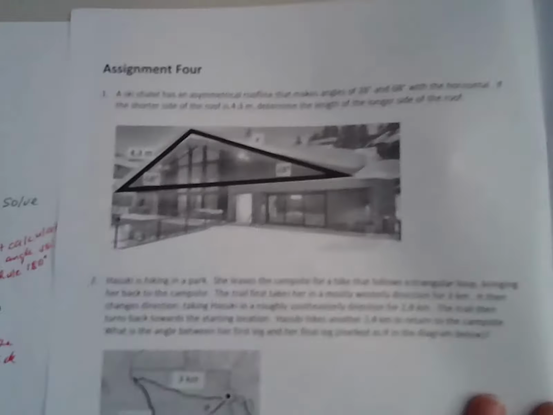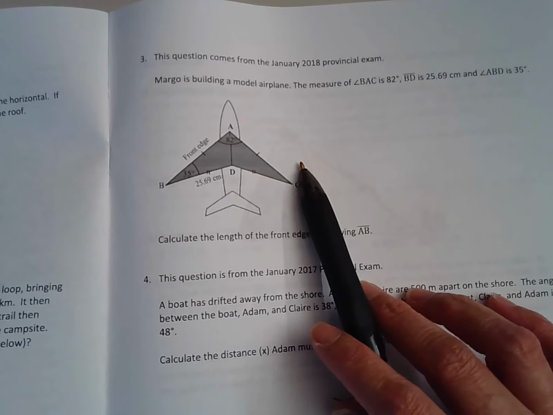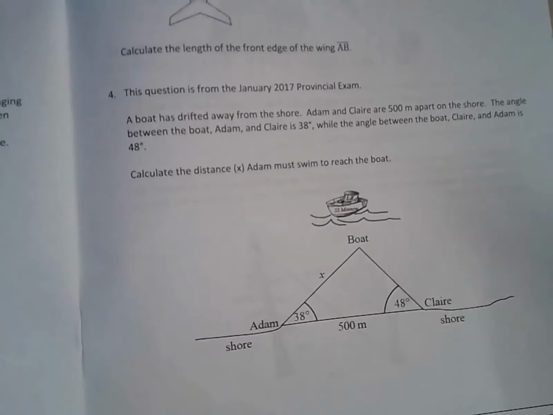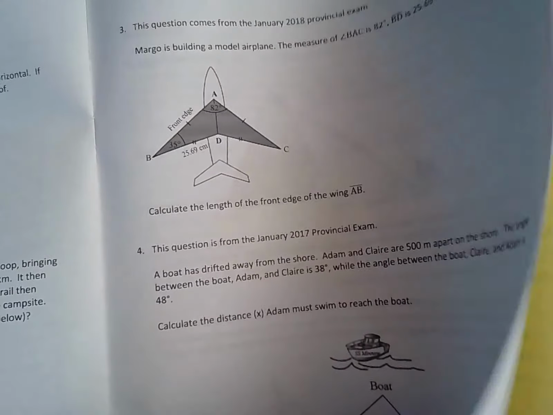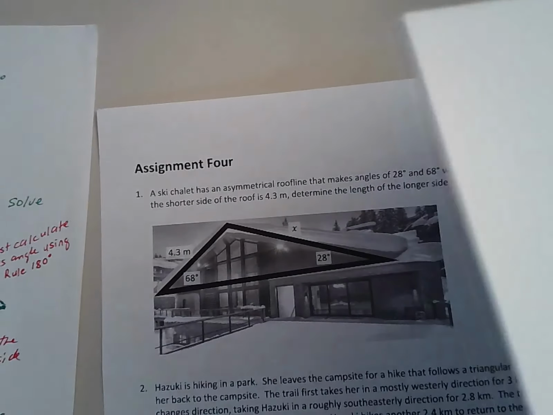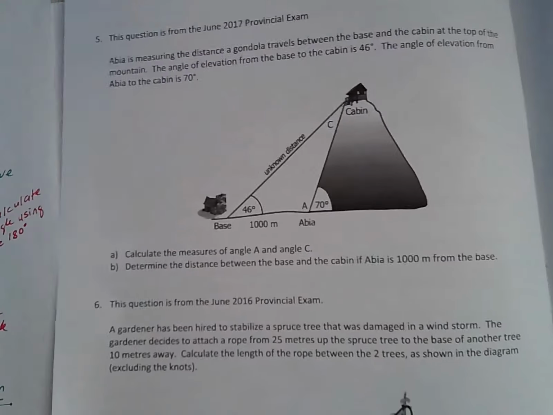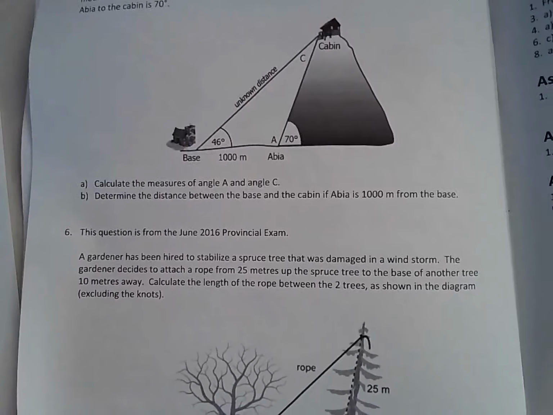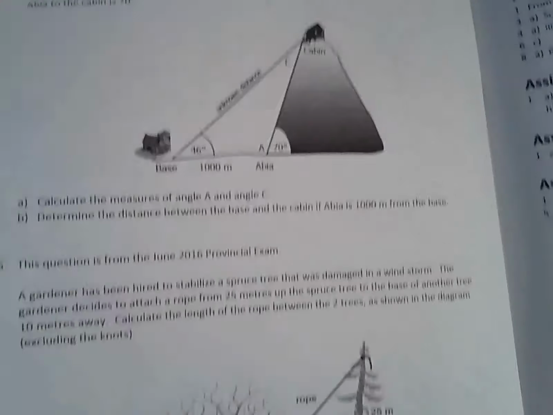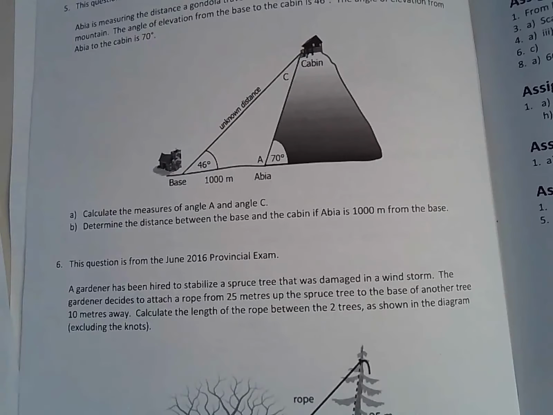I remember this one. This is from a provincial exam, and this one too, a provincial exam question. It's kind of nice. This is some stuff for you to work on. Again, provincial exam questions. We got a taste of provincial exam questions.